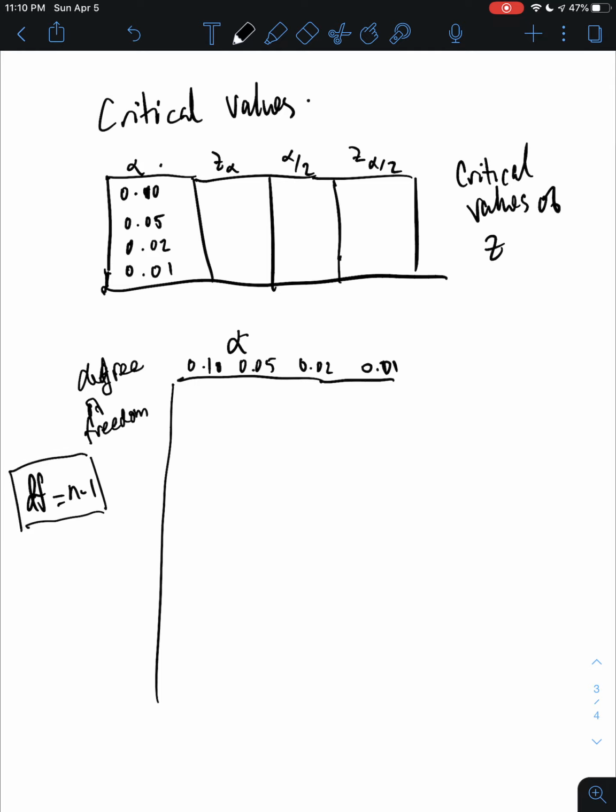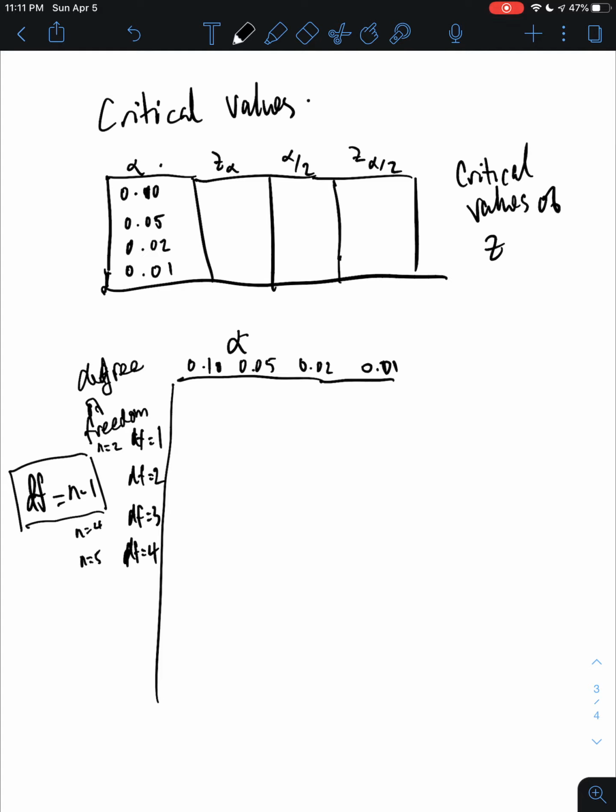So our table gives df is 1, 2, 3, 4, and that corresponds to n is 2, 3, 4, 5.